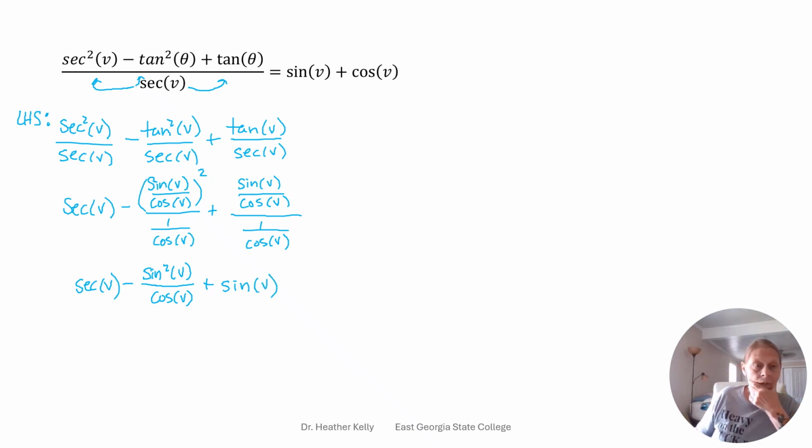Now let's keep on going here. Secant is 1 over cosine.